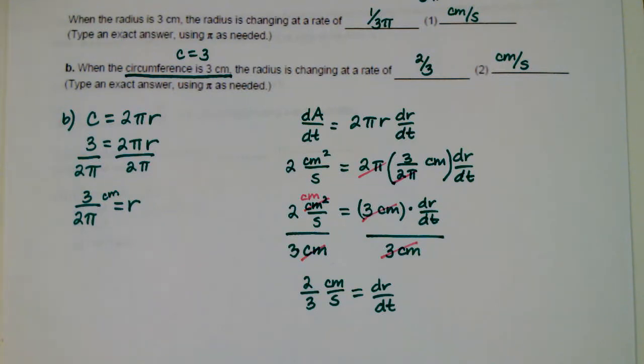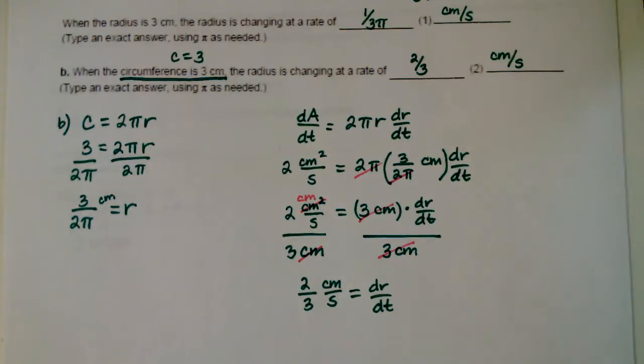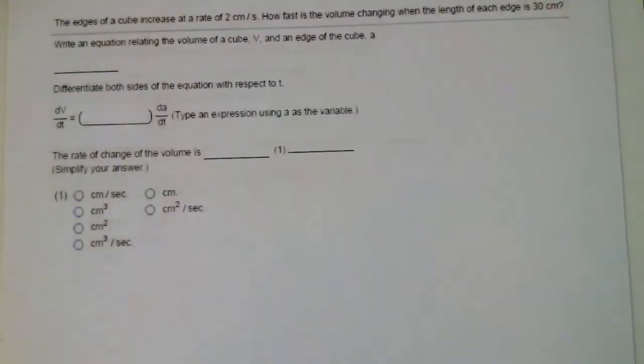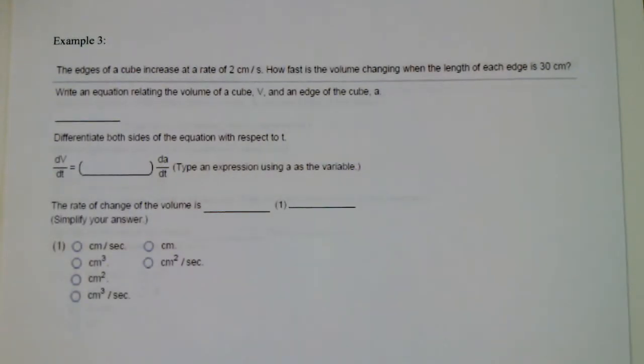All right, so that's example 2. All right, example 3 looks like this. I need to bring this down a bit. It says here that the edges of a cube increase at a rate of 2 centimeters per second. And how fast is the volume changing when the length of each edge is 30 centimeters?